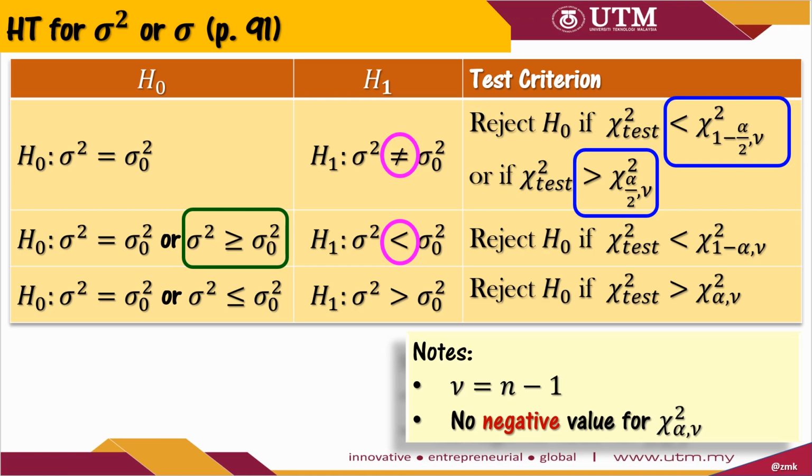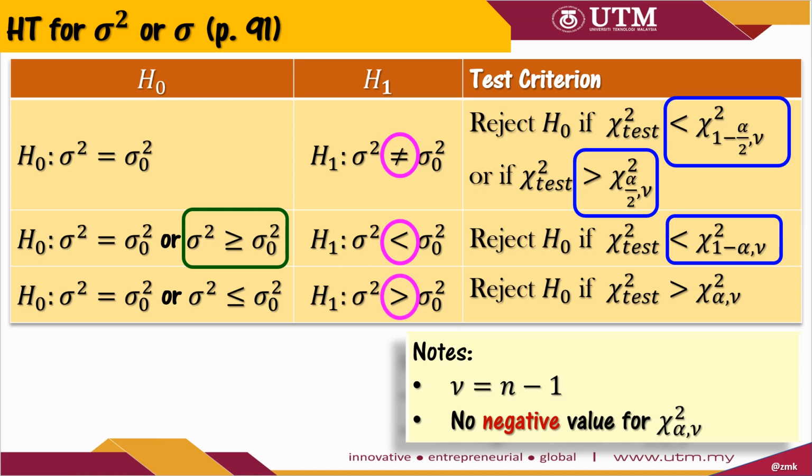reject H0 if chi-square test is less than the left critical value, which is chi-square 1 minus alpha, nu. The last choice of hypothesis test is a right-sided alternative hypothesis where we have under H1 sigma squared is more than the value sigma naught squared.